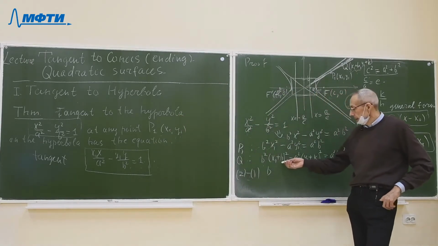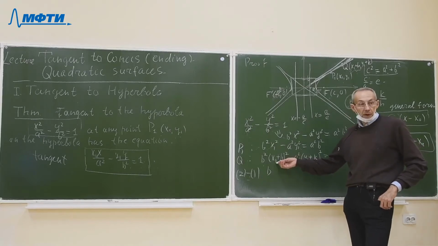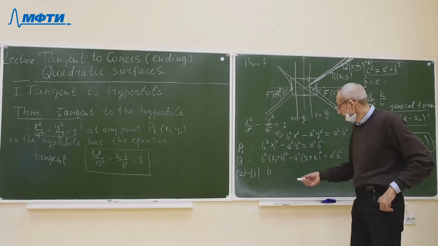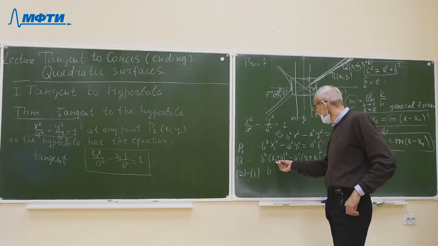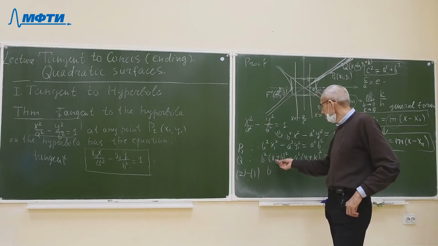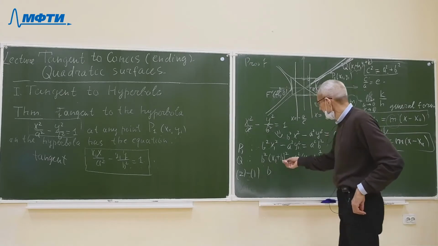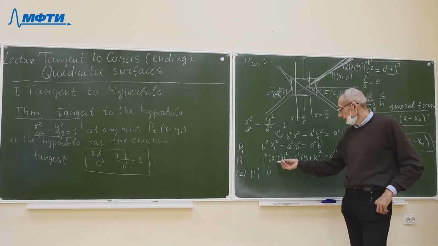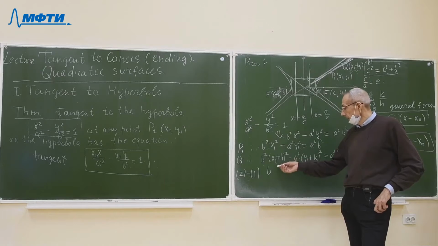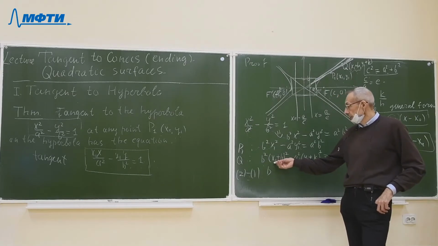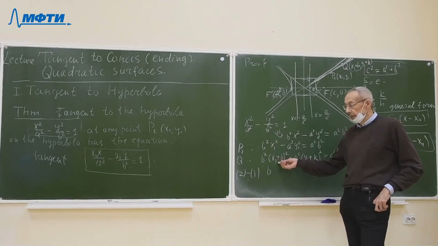In this case, we have the square of the sum, so by the formula for the square of the sum, we obtain the square of the first term, twice the product of the terms, and the square of the second term.